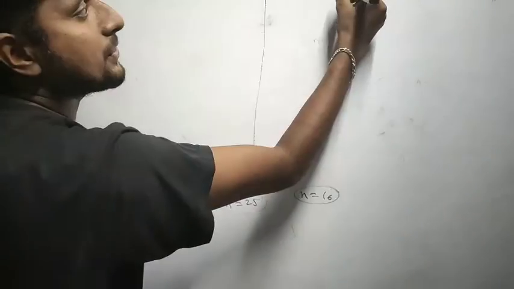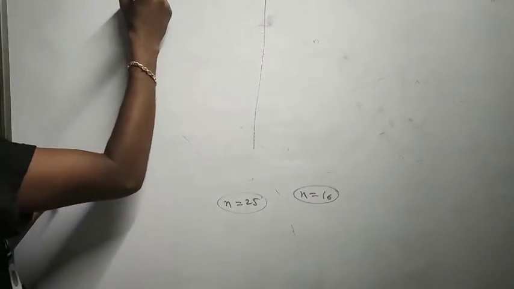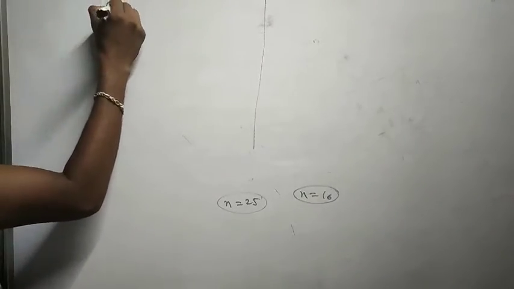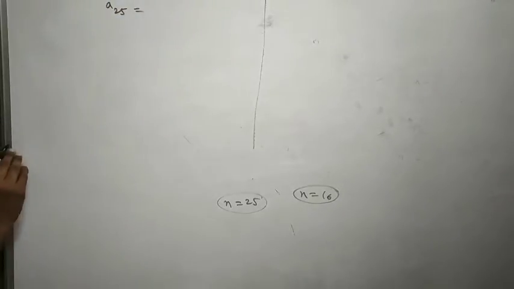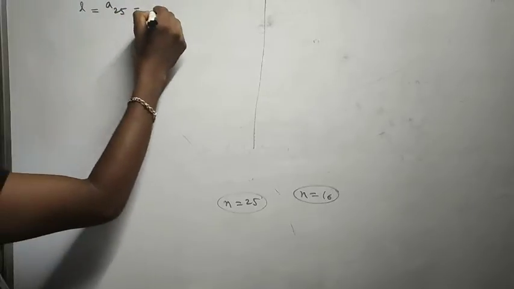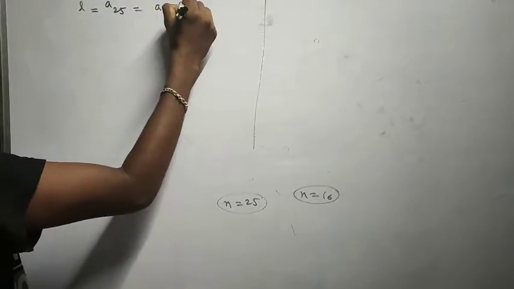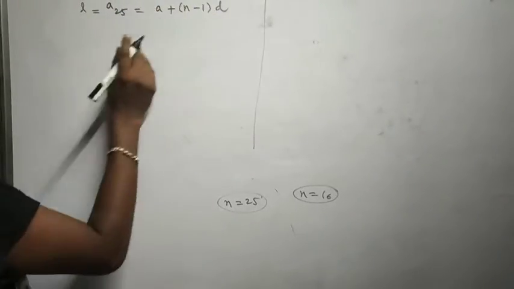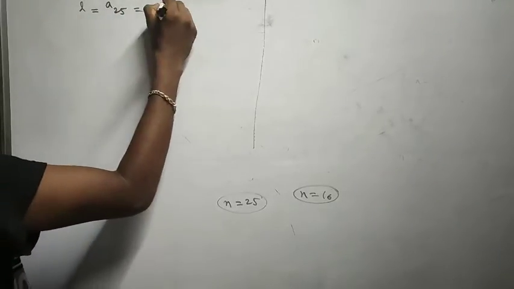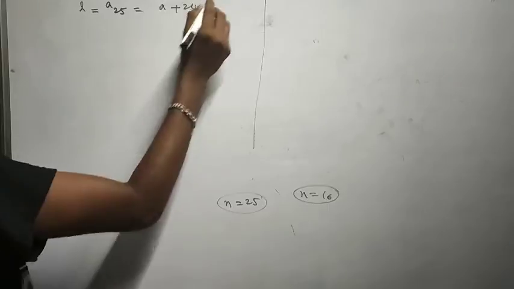Either the n value is 16 or the n value is 25. So a n means a25, correct? I am talking about the last term. Now the formula is a plus n minus 1 into d. So a25 we can write as a plus 24d.